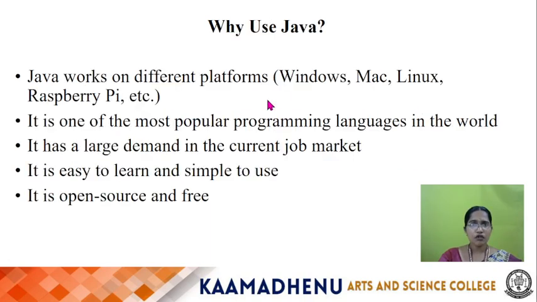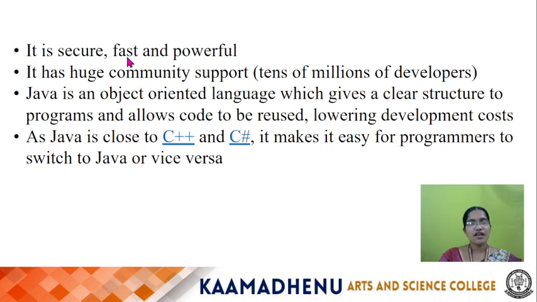And why do we use Java? Java works on different platforms: Windows, Mac, Linux, Raspberry Pi, etc. It is one of the most popular languages in the world. It has a large demand in the current job market, and it is easy to learn, simple to use, open source, and free. That is why we are using Java. It is also secure, fast and powerful.